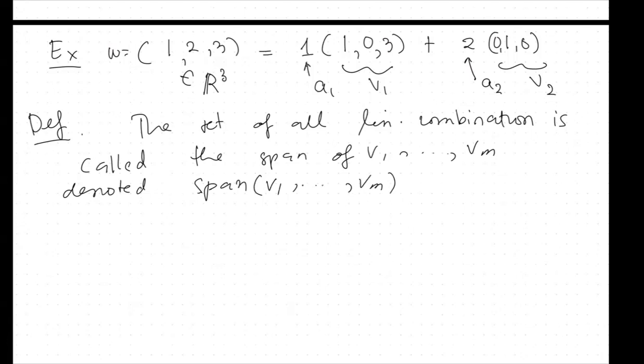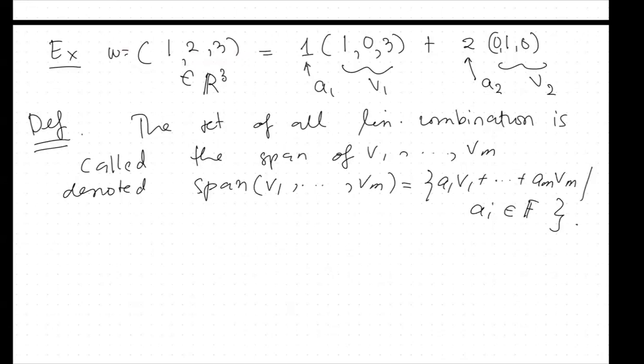So this is just a1 v1 plus up to am vm, wherein our ai is an element of our field F.